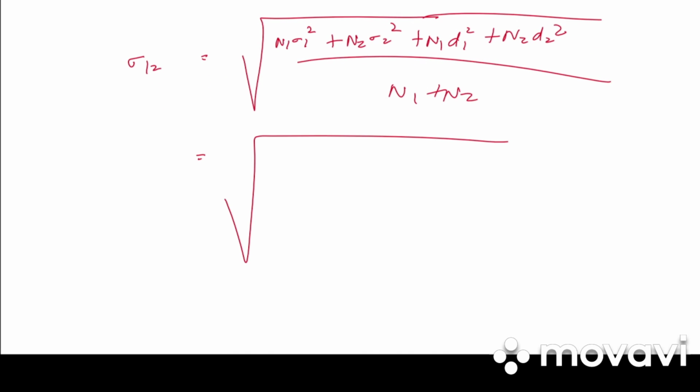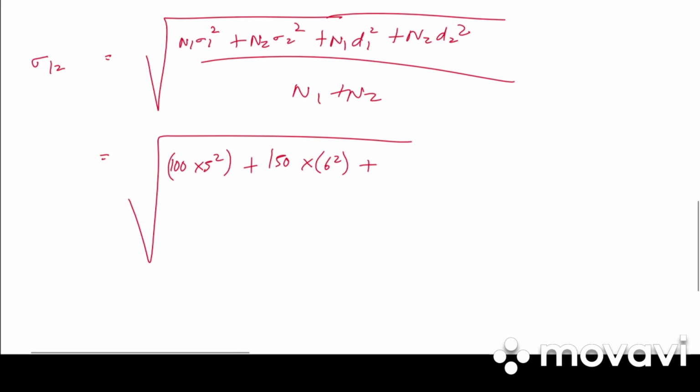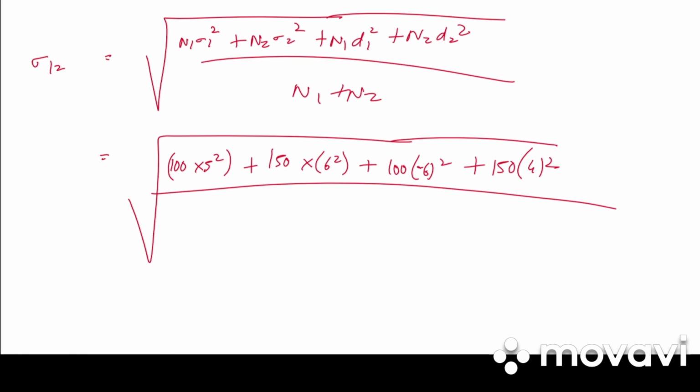So square root of 100 into 5 square plus 150 into 6 square plus 100 into minus 6 square plus 150 into 4 square divided by 100 plus 150.